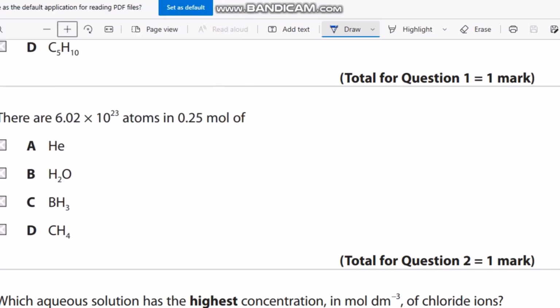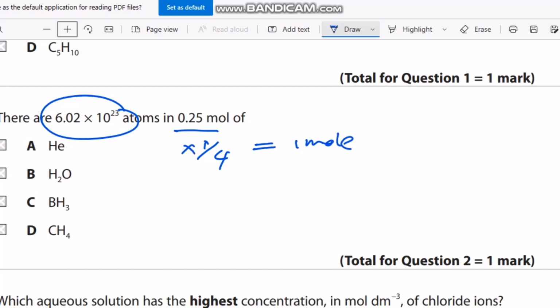So we'll do one past paper question. There are 6.02 10 to the 12 atoms in 0.25 moles of. So here you have 1/4 of a mole. So to make this many atoms, you should have 1 mole in total. So you have to have a total of 4 atoms, because 0.25 is 1/4.